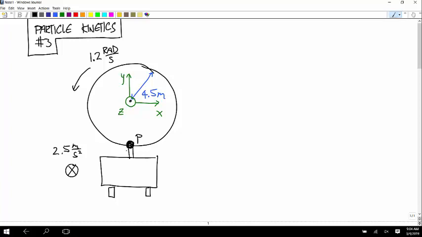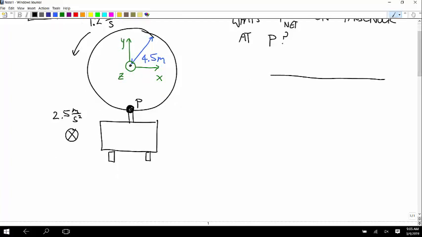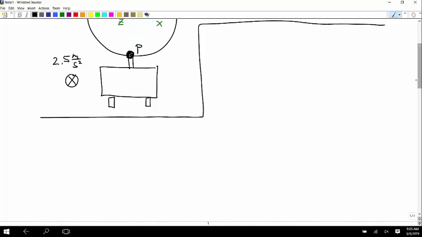That is a 50 kilogram passenger, and we're trying to figure out the net force. What's the net force on the passenger at P?